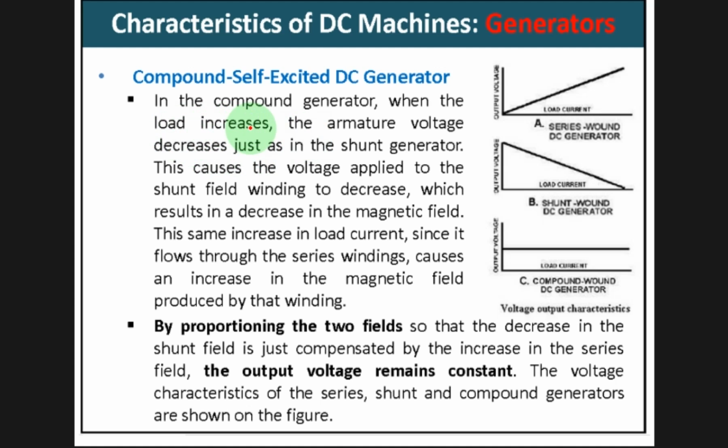So when the load goes up, the armature voltage decreases because of the armature resistance.